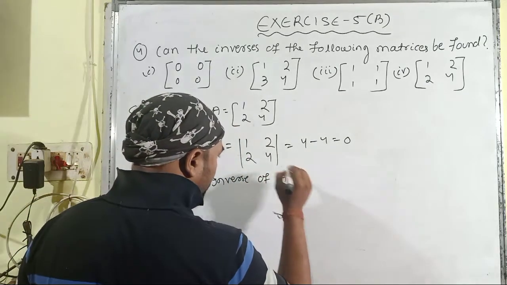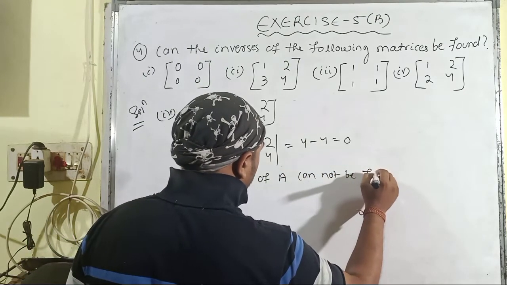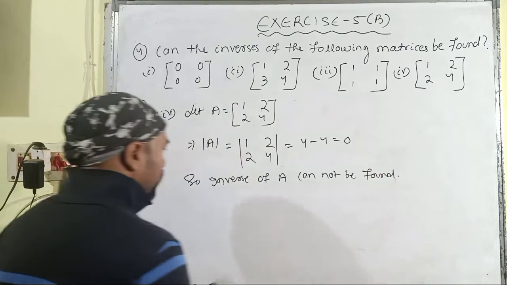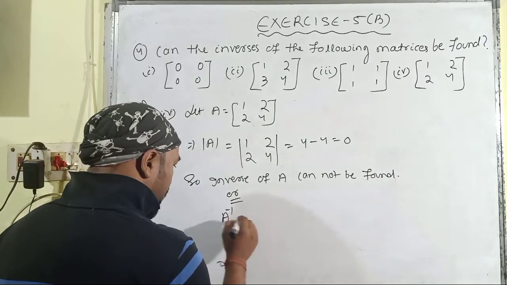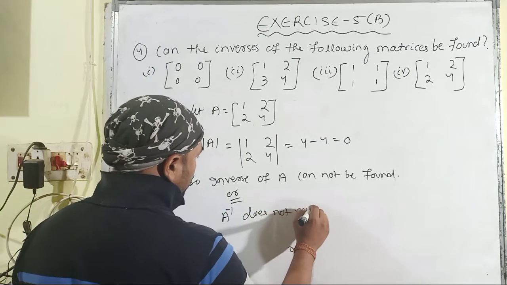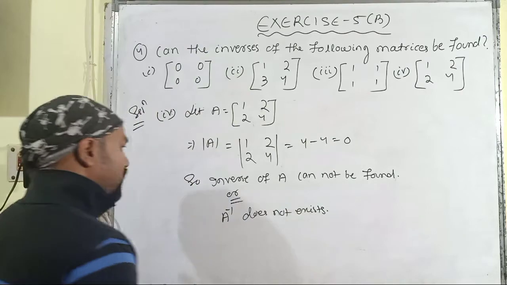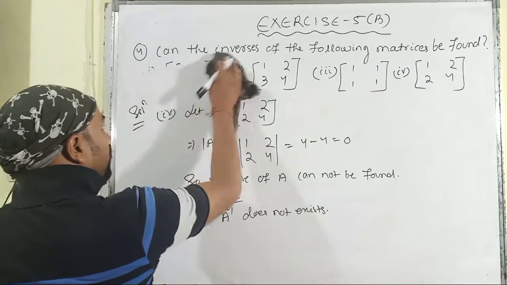Or you can also write down A inverse does not exist. Then moving towards the last bit.